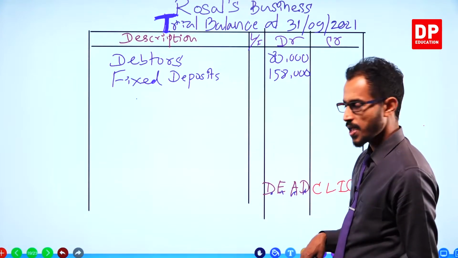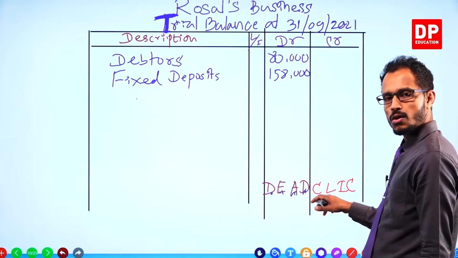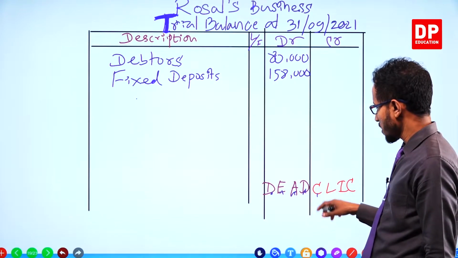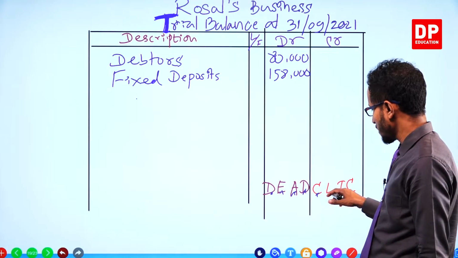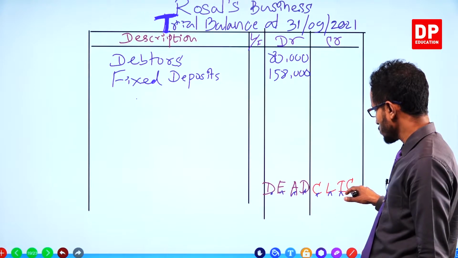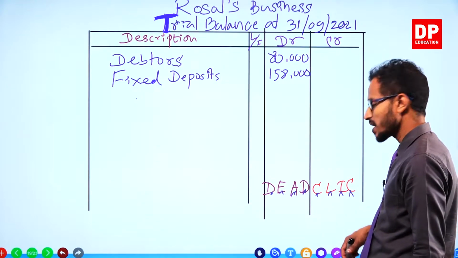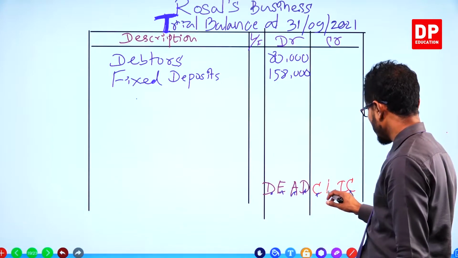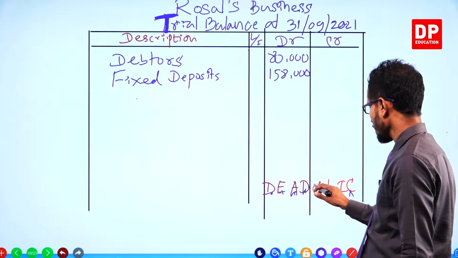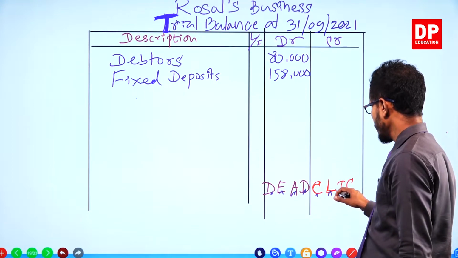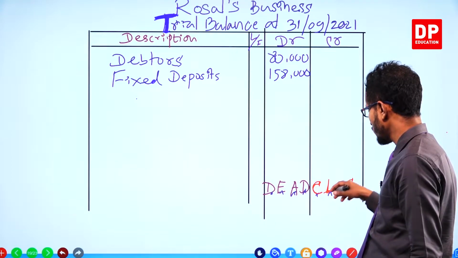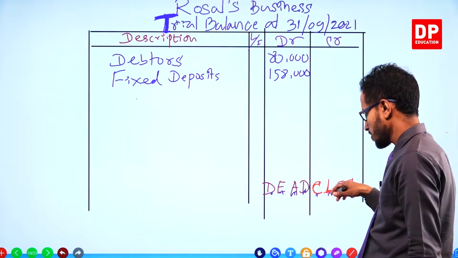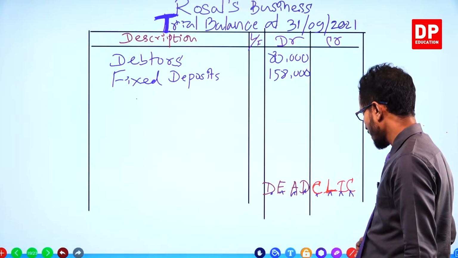Let's look at click. All the creditors accounts should be credited, liability accounts credit side, income accounts also credit side, capital accounts also credit side. That is the meaning of dead click, and you can get the help of dead click to prepare the trial balance.